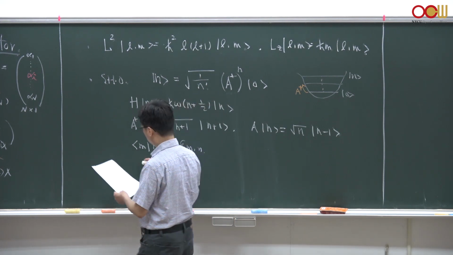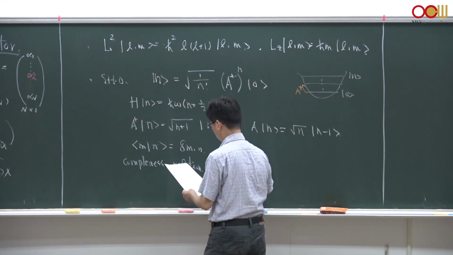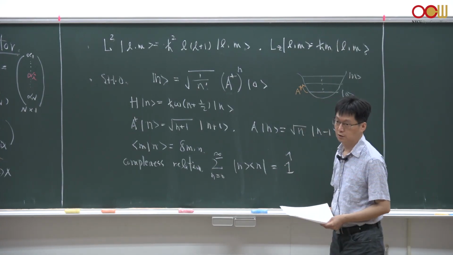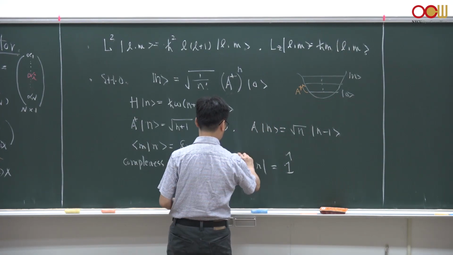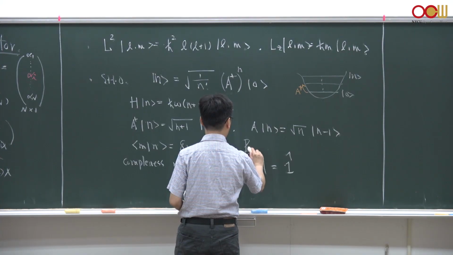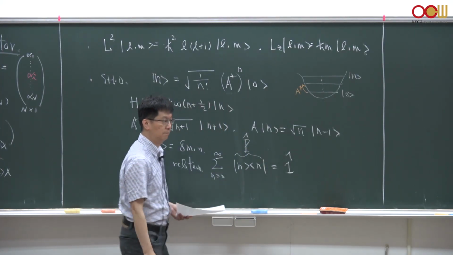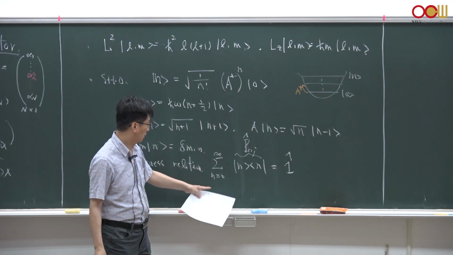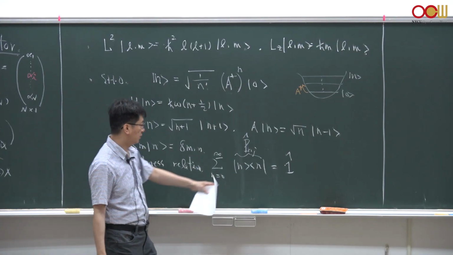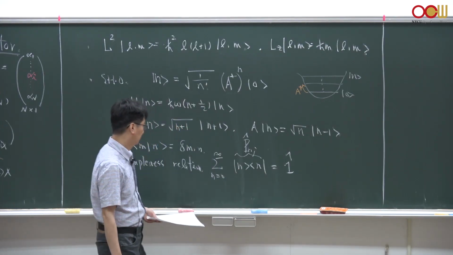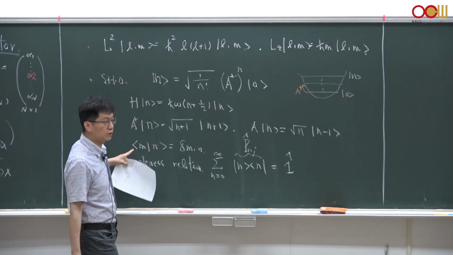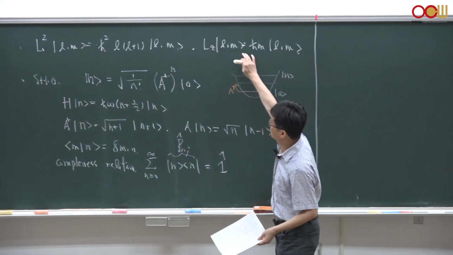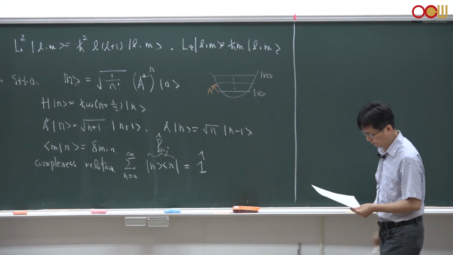And we also have this completeness relation, which says that if you sum all these projection operators, remember this is our projection operator P, after summing over all these eigenstates, you get the unit matrix. Okay, so let's just look at this matrix representation of the harmonic oscillator problem first, and then we'll go back to this angular momentum operator later.